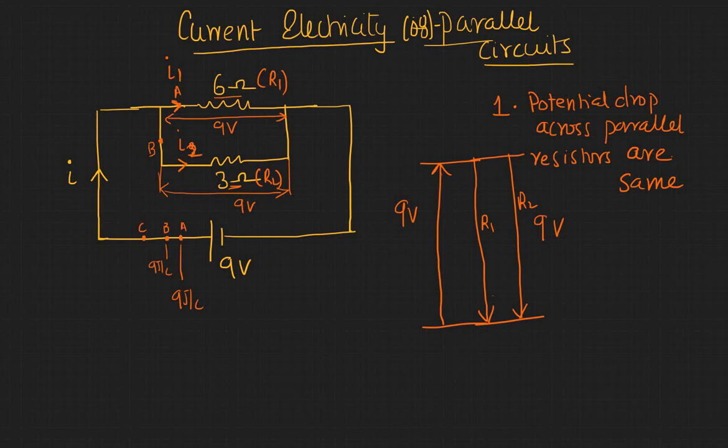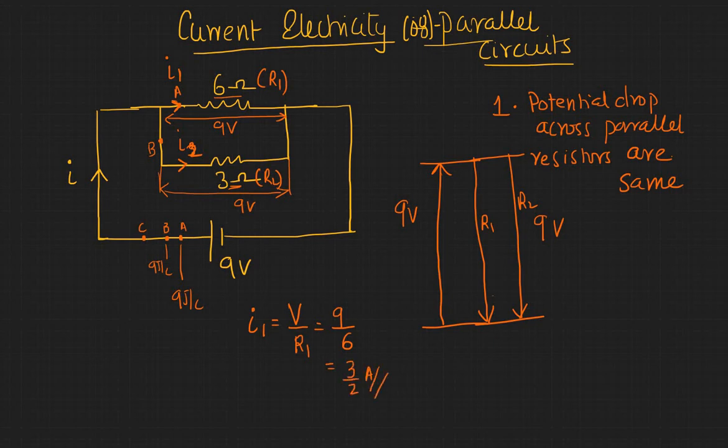We know from Ohm's law that I1 will be equal to V by R1, which is equal to 9 divided by 6, or 3 by 2 amperes.